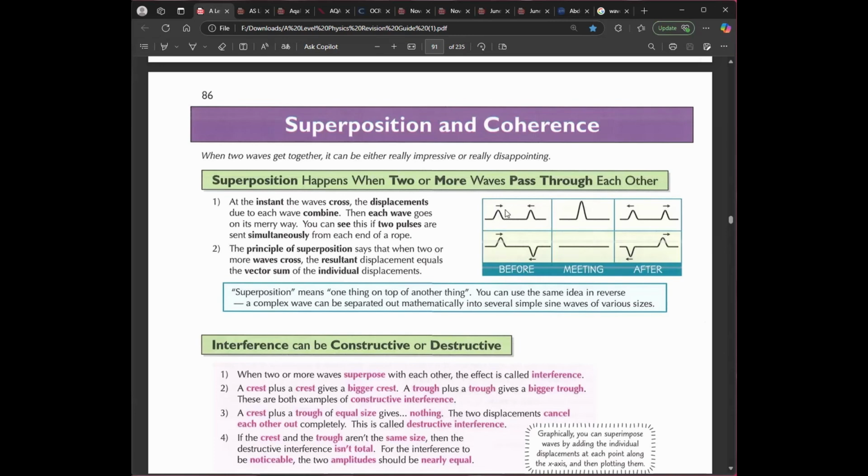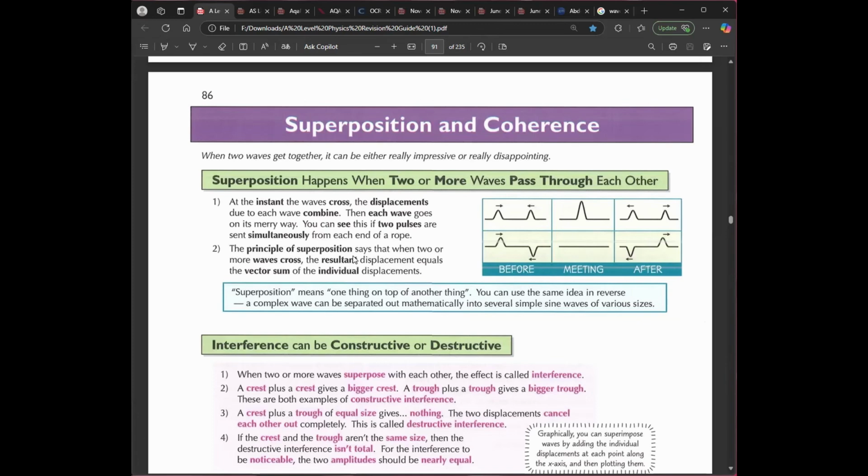Like you can say that, okay, this wave has a 1 millimeter amplitude, but it may be comprised of two small waves having 0.5 millimeter amplitude each. This is used in mathematics when they have to solve complex problems, but I don't think any of that is going to come in your exams. So you don't need to worry about it. What you need to understand is what superposition is.